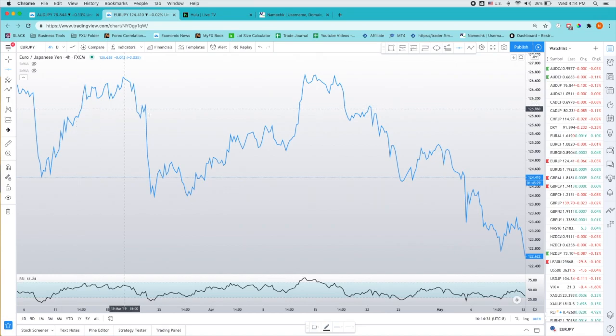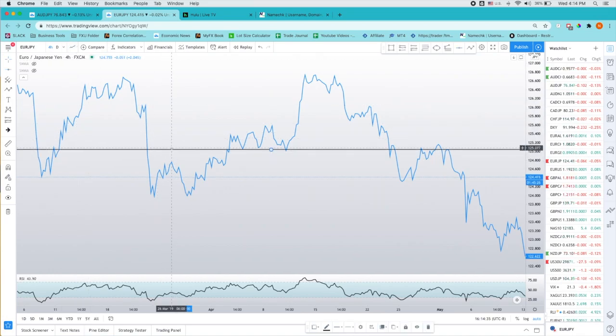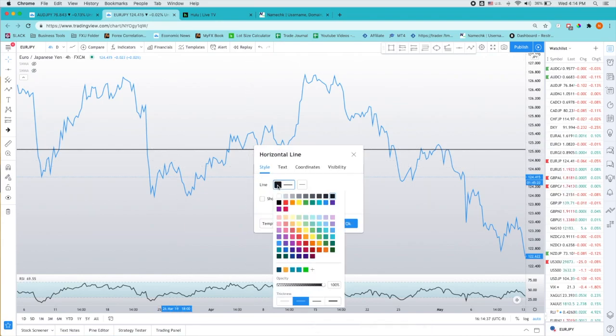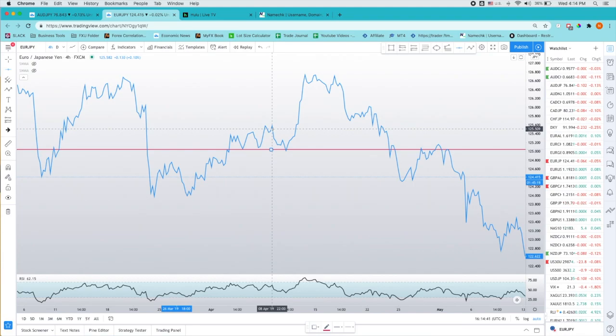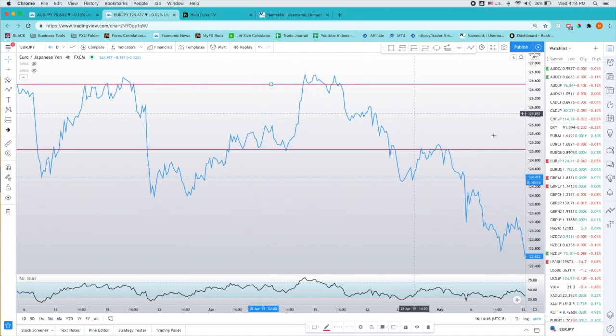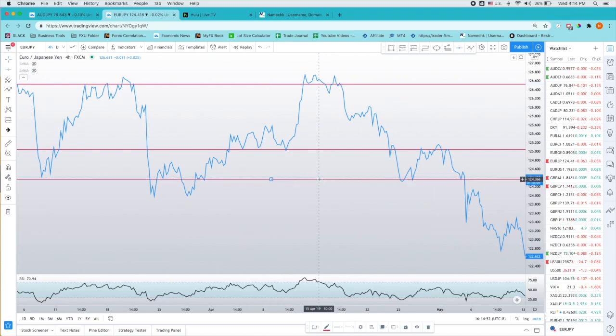Go to my line chart, and then look for some support areas. So we got a red. We got some tops. This is a resistance area. And then this is a good area right here.